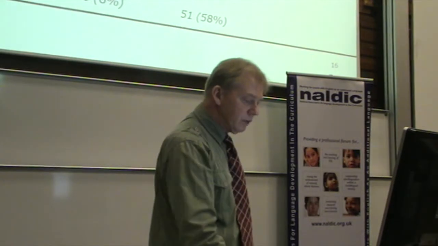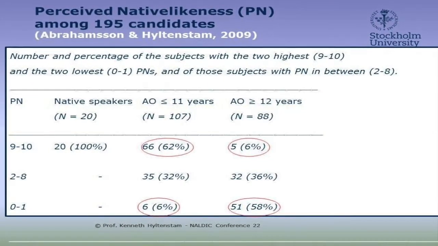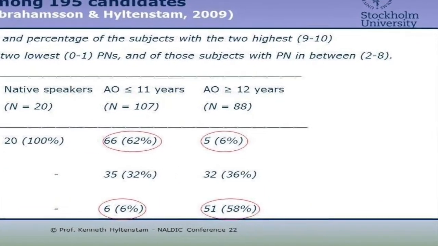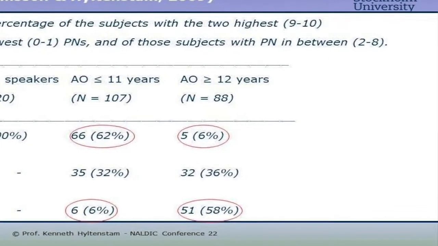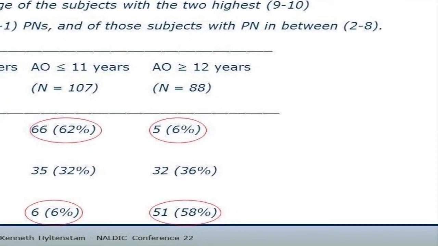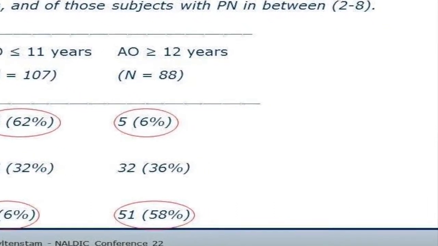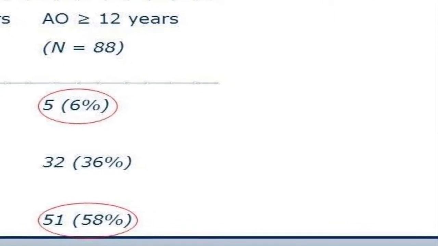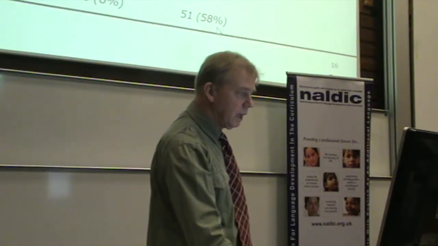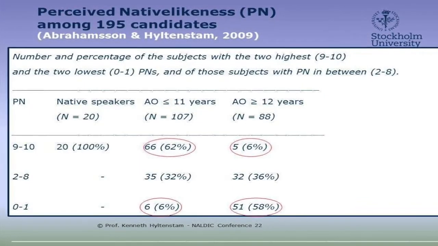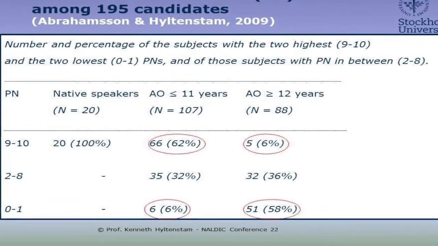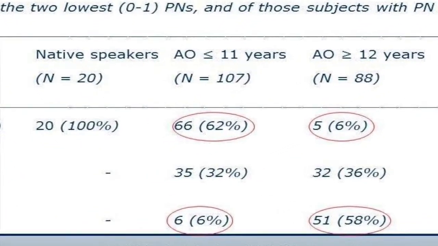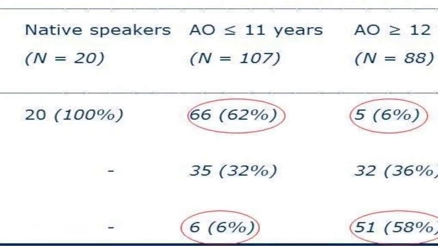But an interesting thing is that you can see those who started after age 12, 6% of them were judged as native speakers by 9 to 10 judges, and a large group by 2 to 8 judges, but 58% by 1 to 0 judges. And if you look at those who started before age 11, you can see that 6% of those were judged as non-native speakers by most of the judges.